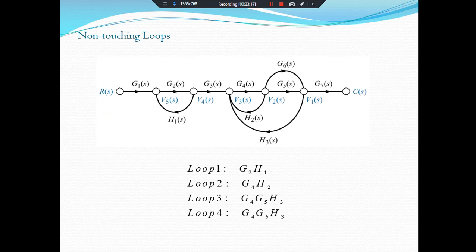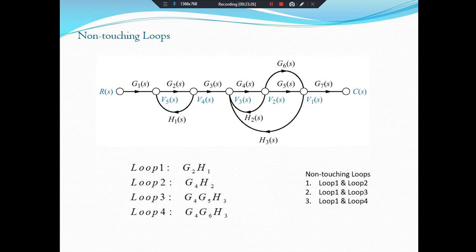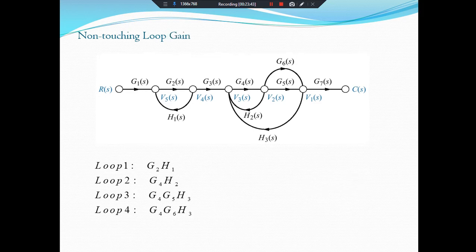So among loop 1, loop 2, loop 3 and loop 4, loops 1 and 2 are non-touching because both loops have no common node, while loops 3 and 4 are not. Similarly, loop 1 and loop 3 are also non-touching because they have no common node, and similarly loop 1 and loop 4 are non-touching.